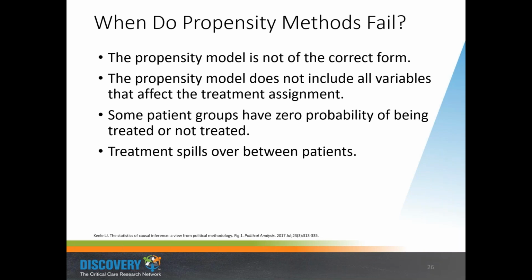If you have some patient groups that have absolutely zero probability of being treated or not treated, you have no guarantees. That is, the treatment is deterministic, so there's no way to possibly match those people with people in the other group, because there's no way they could have possibly gotten the other treatment. And again, like I said before, if treatment spills over between patients, if you have network effects, everything is very difficult, although there are methods to deal with that, but it's much more advanced.